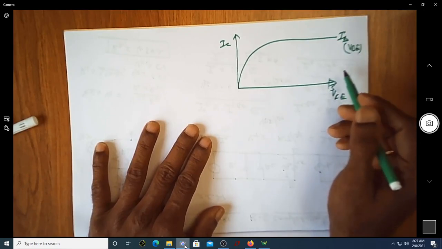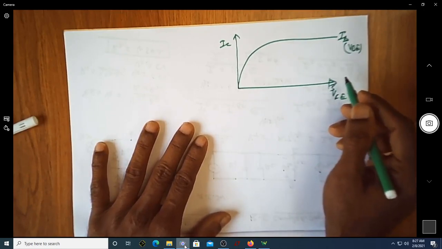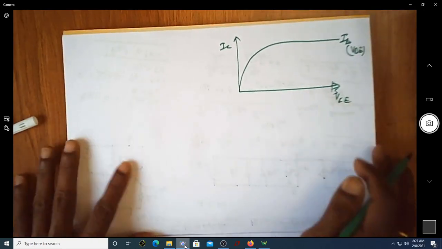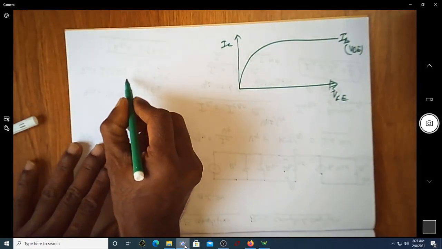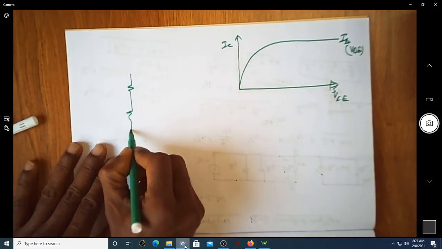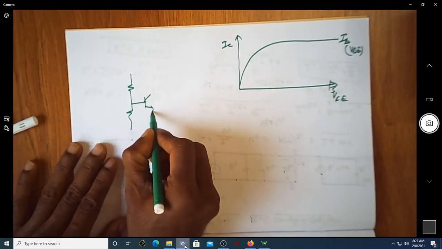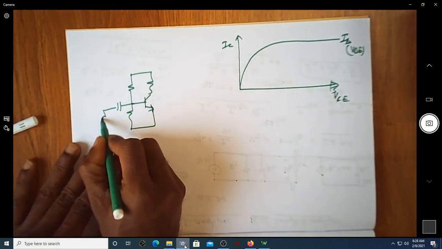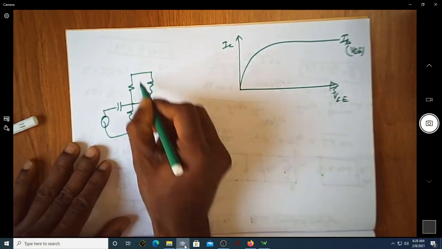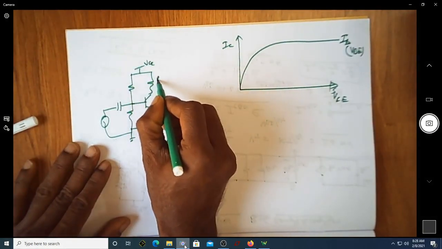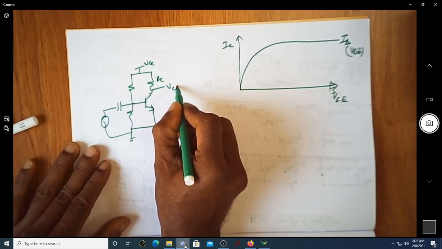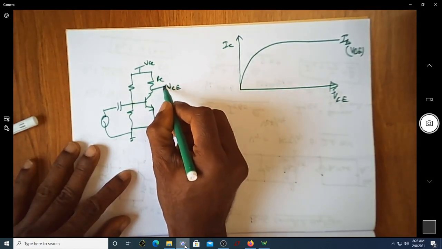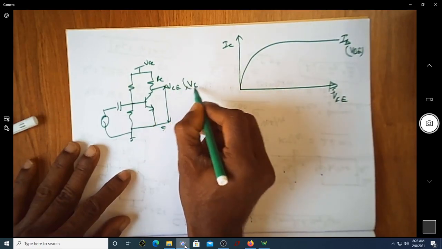When you have very less drop there, out of VCC, as per the circuit diagram, suppose I rewrite the circuit diagram here. This is VCC, this is RC, this is what I'm seeing as VCE, because when you measure with respect to ground, this happens to be VCE, or simply say it as VC.